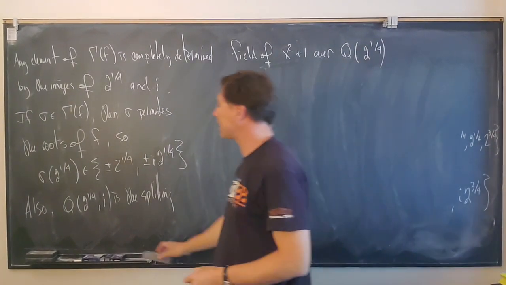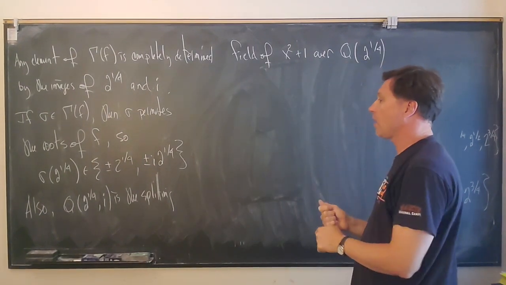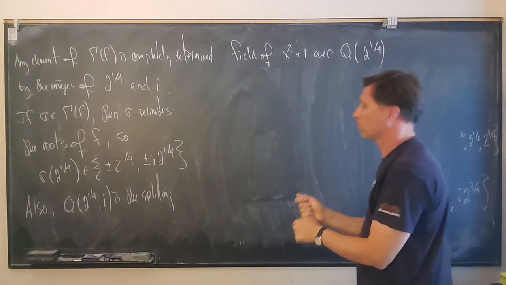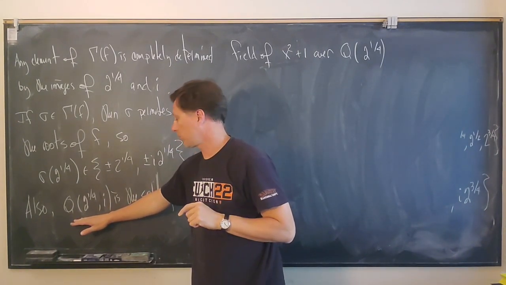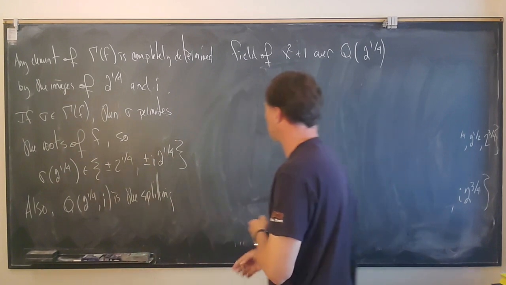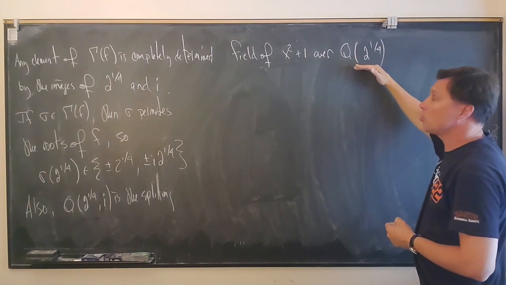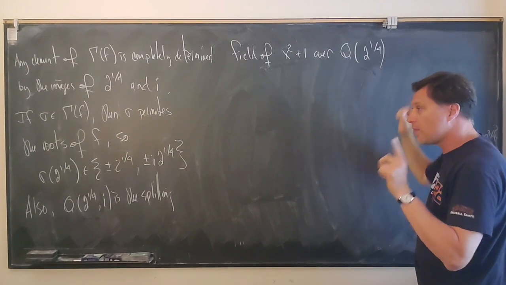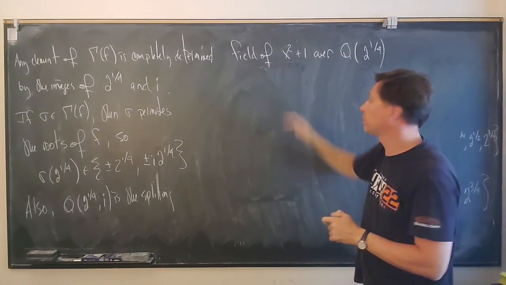Okay, so what does that tell us then? It tells us that if we have an automorphism of our splitting field for the original polynomial that fixes Q adjoin 2 to the 1/4, then it has to permute the roots of x squared plus 1.